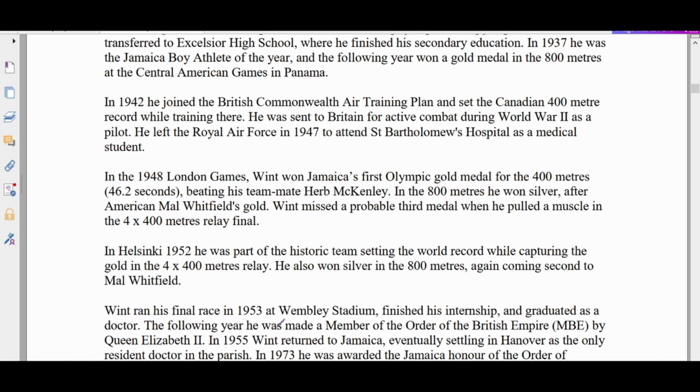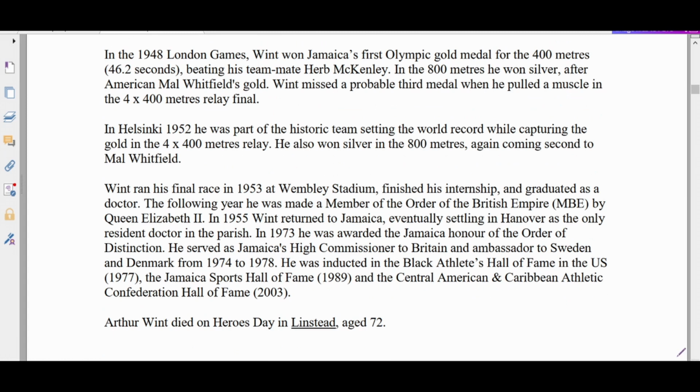Wint ran the final race in 1953 at the Wembley Stadium, finished his internship and graduated as a doctor. The following year, he was made a member of the Order of the British Empire, MBE, by Queen Elizabeth II. Oh, that's important.